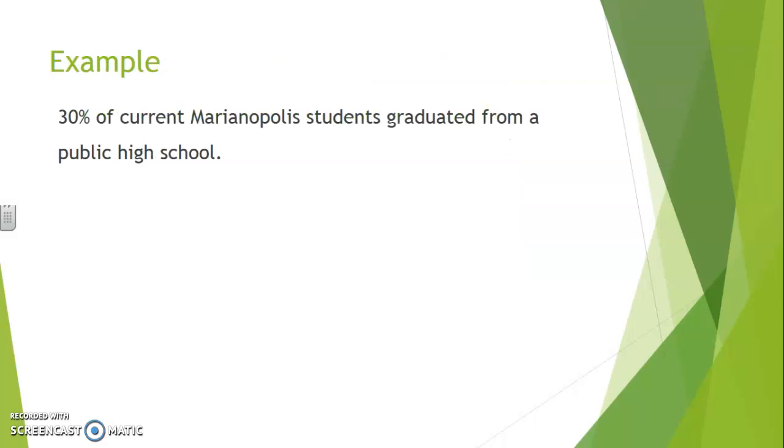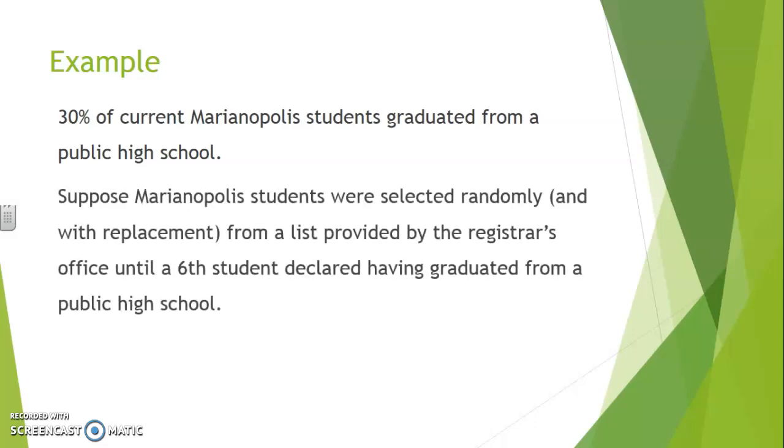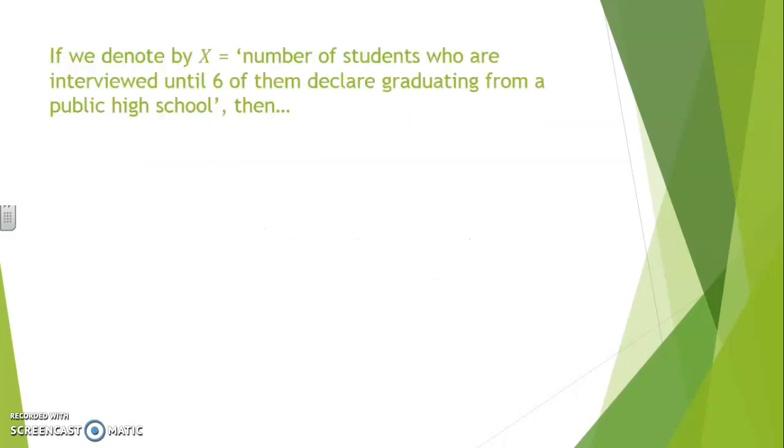As an example, let's assume 30% of current Marianopolis students graduated from a public high school. Suppose Marianopolis students were selected randomly and with replacement from a list provided by the registrar's office until we observed 6 students who have graduated from public high schools.